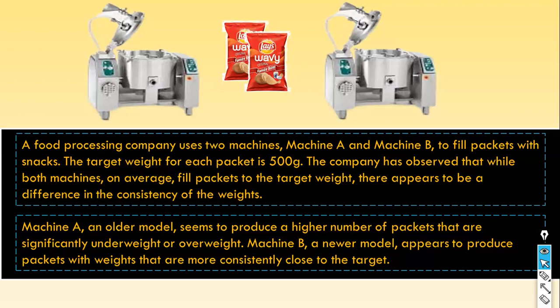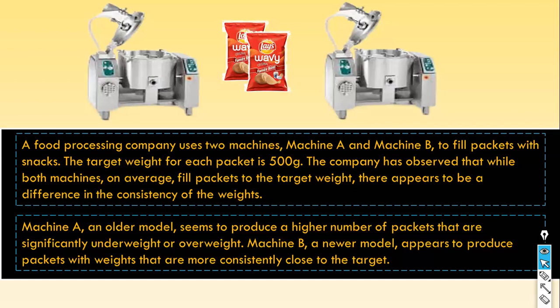Now the question is how we are going to solve this problem. We can calculate the kurtosis of the weights of both the machines. If machine A has significantly higher kurtosis than machine B, this will give us quantitative evidence that machine A is overfilling, or it has some inconsistency.